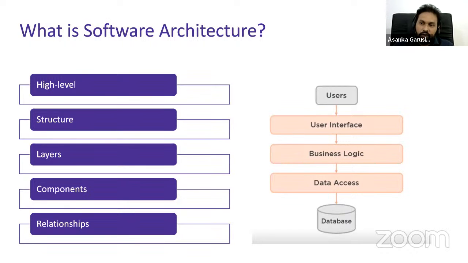Software architecture should have a structural, high-level design, and it should have specific layers, and these layers shouldn't be coupled to each other. In certain cases, when we were developing this 3-tier architecture, we had to have a certain level of coupling between layers. But after we introduced the dependency inversion principle, we are trying to get rid of a lot of coupling between layers, and we incorporate a certain level of loosely coupled architecture in day-to-day development.